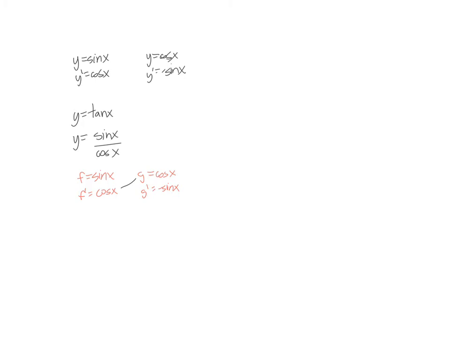It'll be those two multiplied first, so cos squared, take away those two, so sine times negative sine, so we'll have negative sine squared, and the bottom g squared would be cos squared again. So that's our quotient rule formula. You can see that our minus minus would turn to plus, and we know from trig identities that's equal to 1.